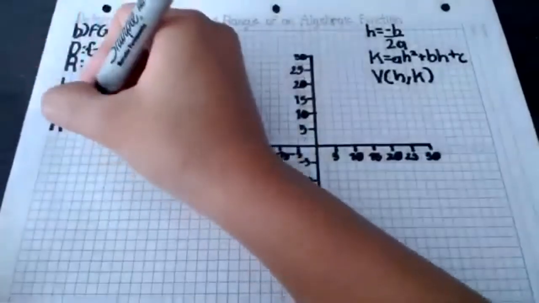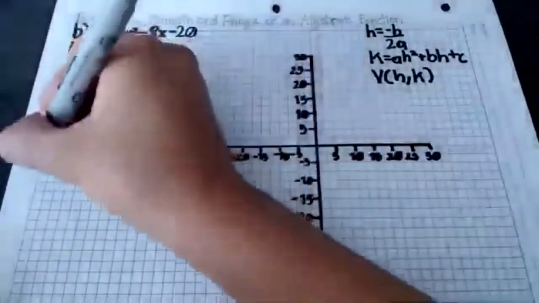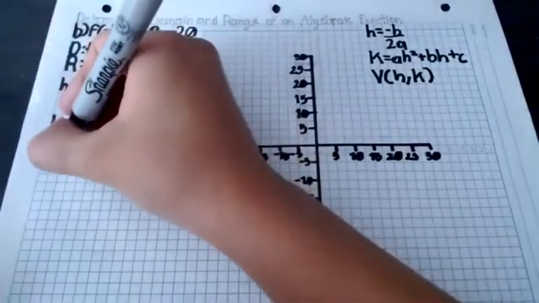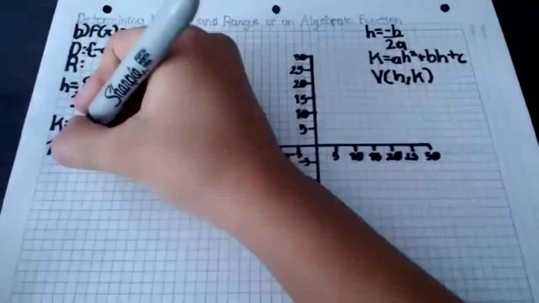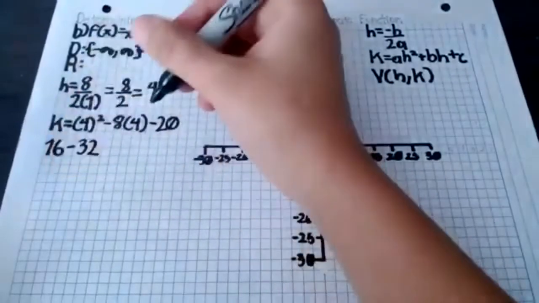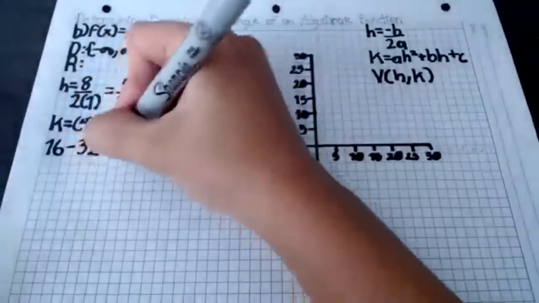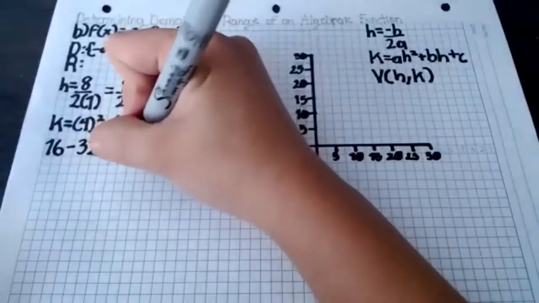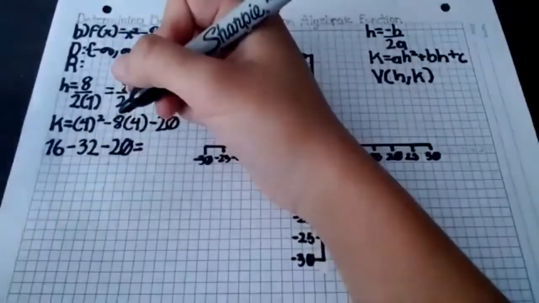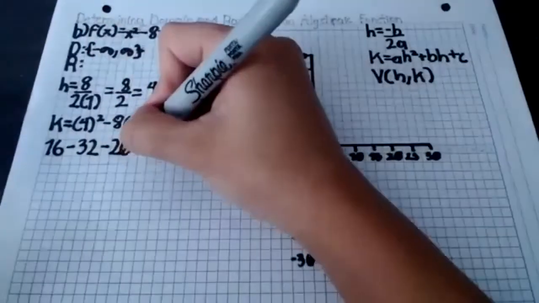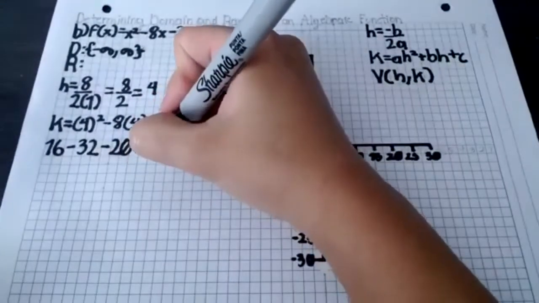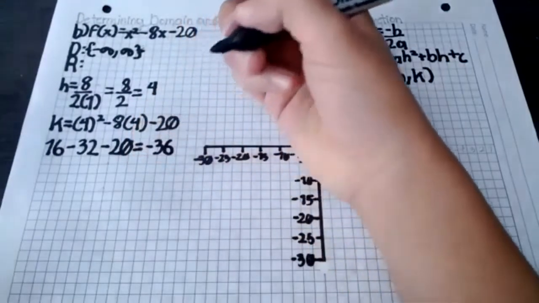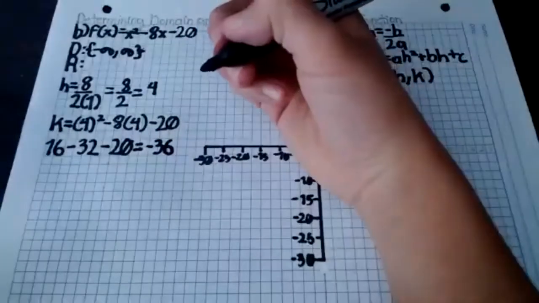And 4 squared is 16, minus 8 times 4 is negative 32, and we just pass the 20. Now we just add all that, and it is negative 36.